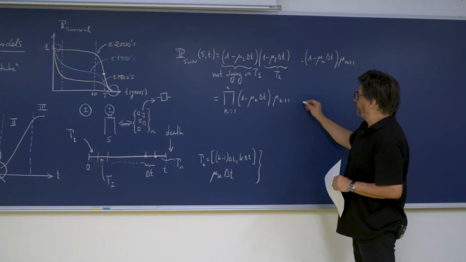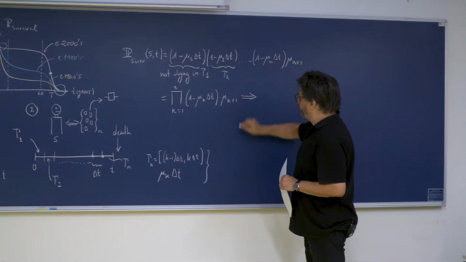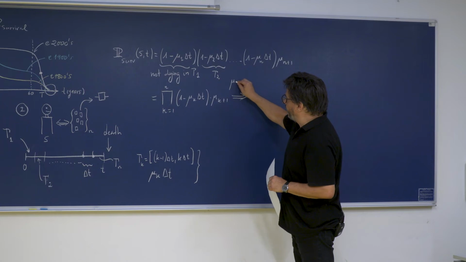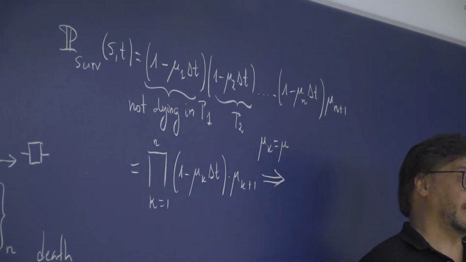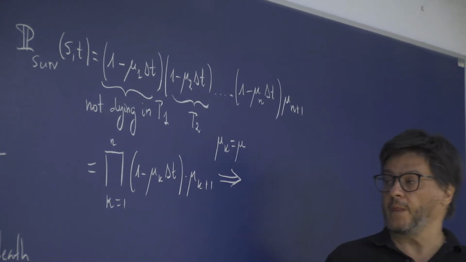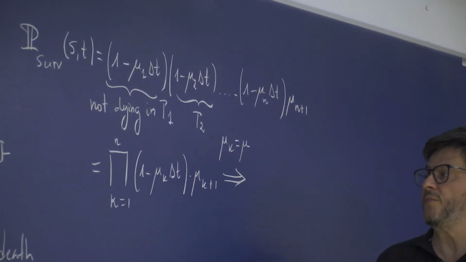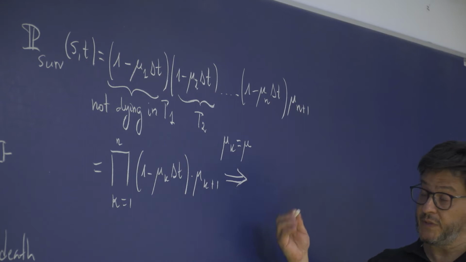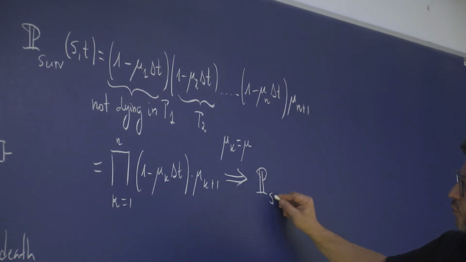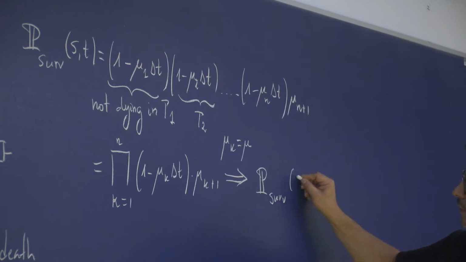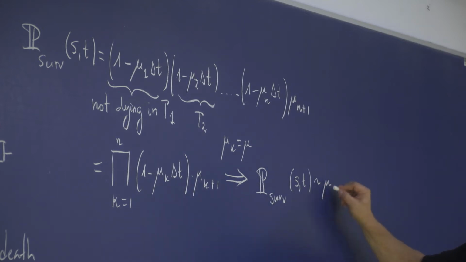So if we assume that all these mu k's are equal, again, this is the first approximation, and we ignore a lot of the details of the biology, this actually reads probability of survival, under this approximation, it's mu, this quantity here.